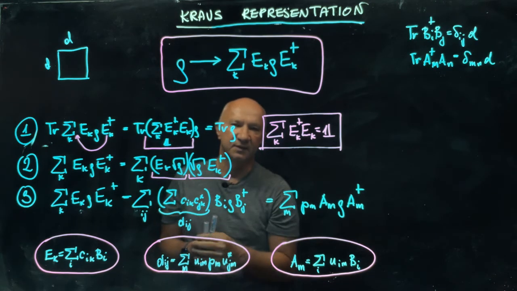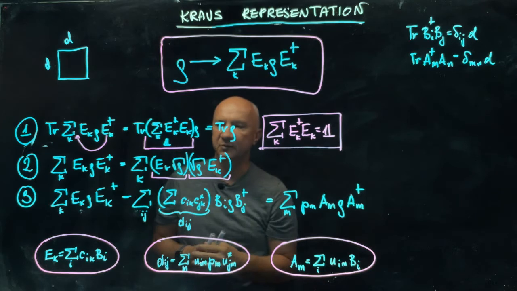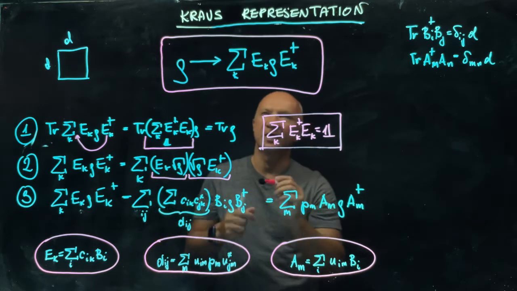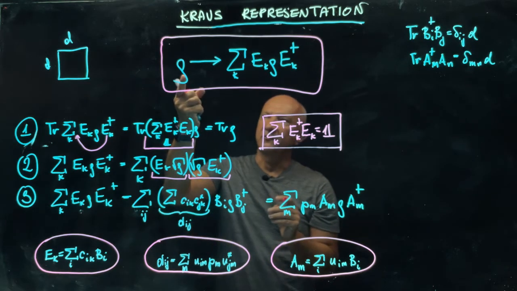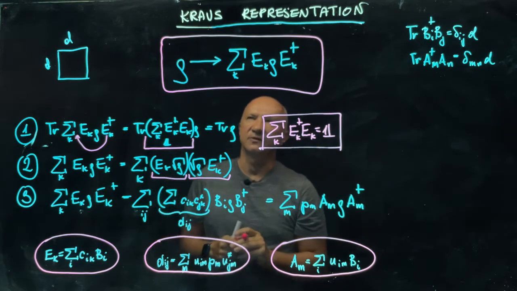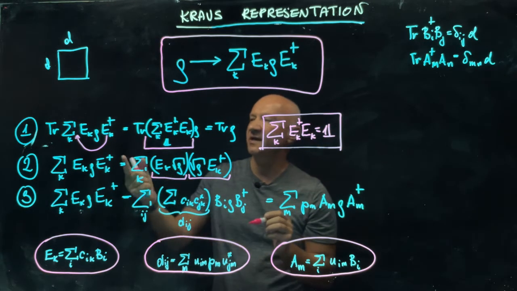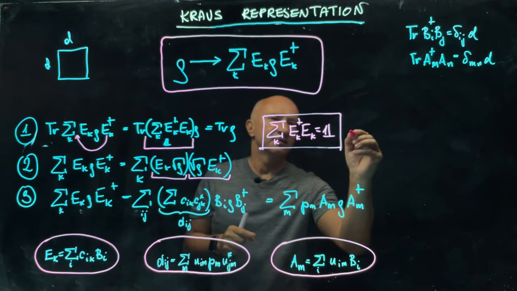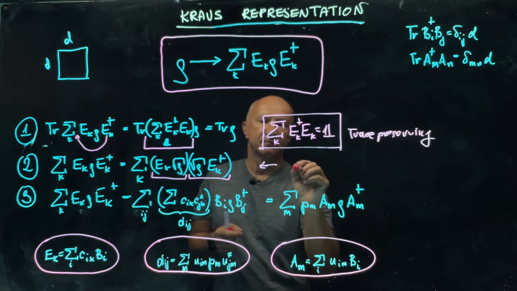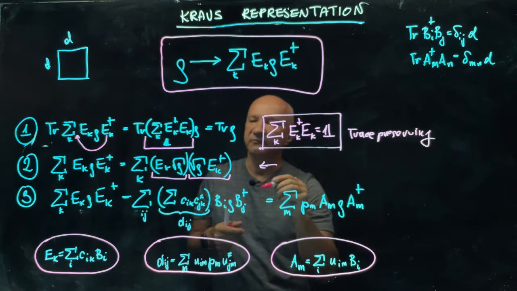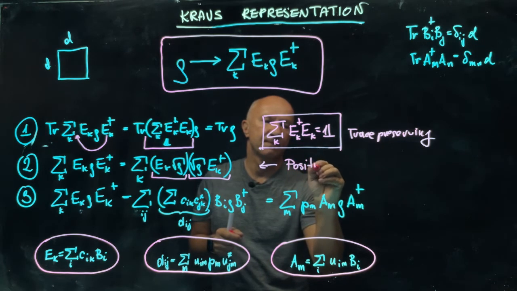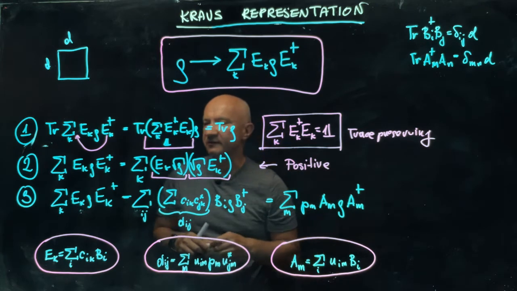So this is a positive matrix, and therefore the sum of those positive matrices is also positive. So clearly this map takes positive operators, that is, positive semi-definite, non-negative matrices, into non-negative matrices. So we say that this map is trace preserving, and we also say that it is positivity preserving, but we simply say it's positive. So it's a positive trace-preserving map.